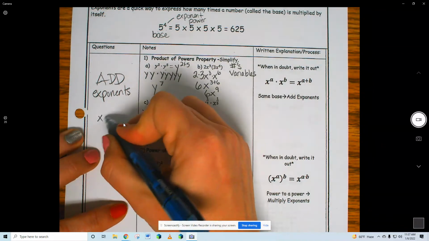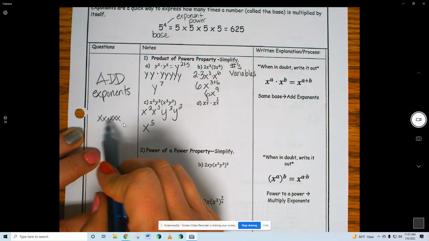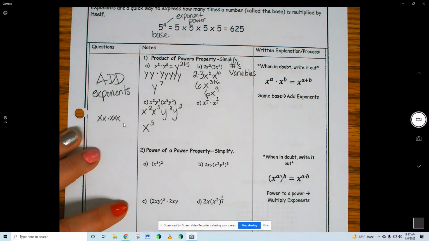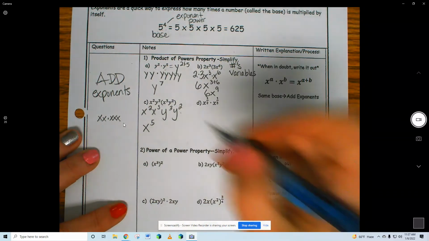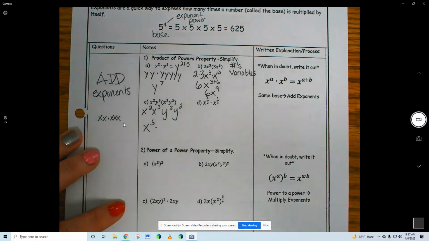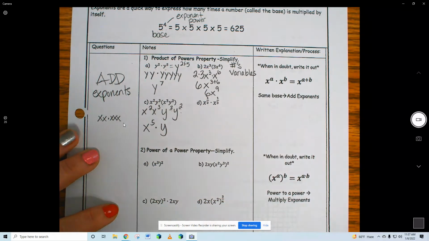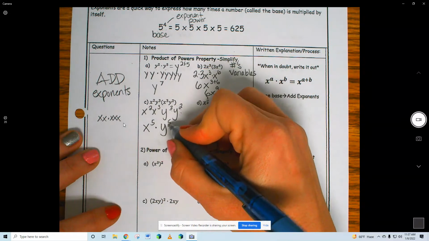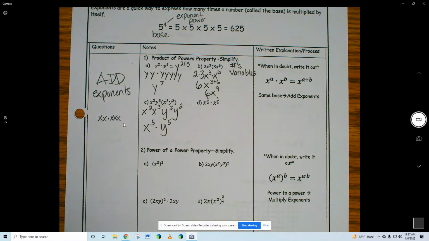If you need to, expand it out, and then you count, oh, there's 5. Do that. Whatever you need to do. Y cubed, y squared. They're different, so they stay separate. Y to the? 3 plus 2. 3 of them and then 2 more. 5. Good.